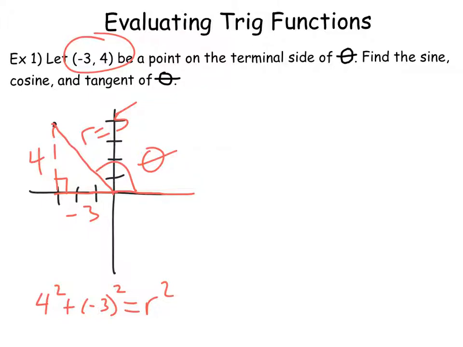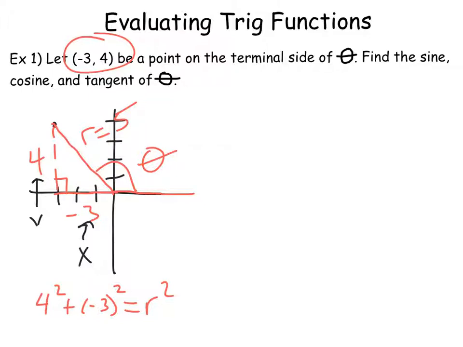But once you have a diagram like this set up, keeping in mind that -3 is what we would call our value for x, and 4 is what we're going to call y, if you go back to the list of our 6 trig functions, we are set and good to go.